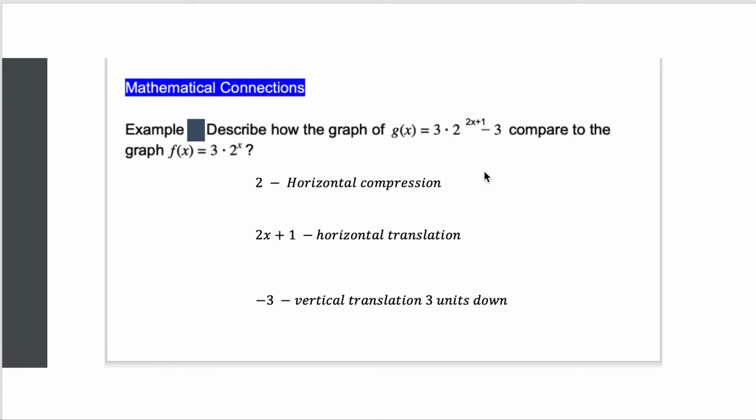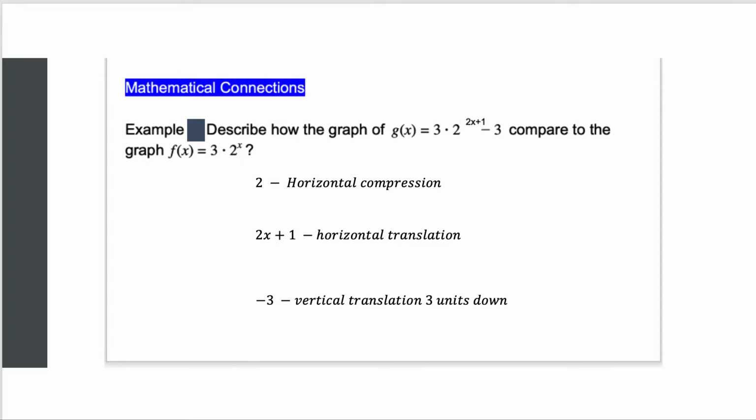But it depends, because it's not everywhere the same, the gap between those two functions is going to change, as we are going to analyze. And third, here I have minus 3 in g of x, and here I don't have anything. So this minus 3 signifies that we're going to have a vertical translation of the parent function 3 units vertically down.